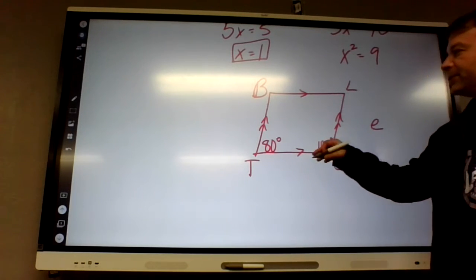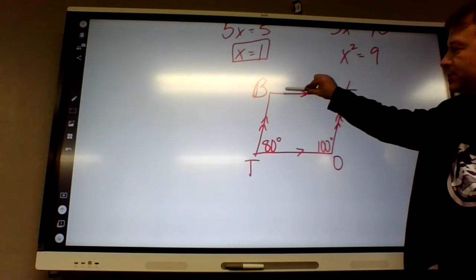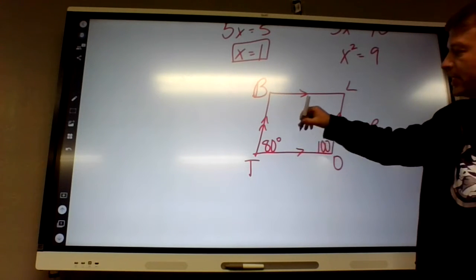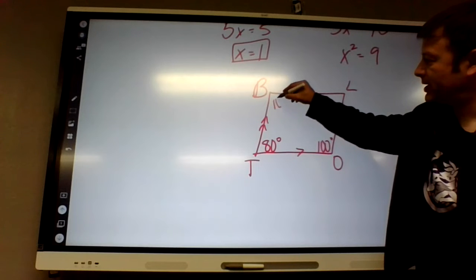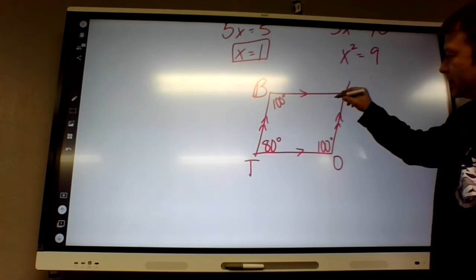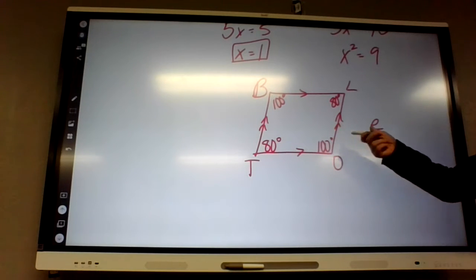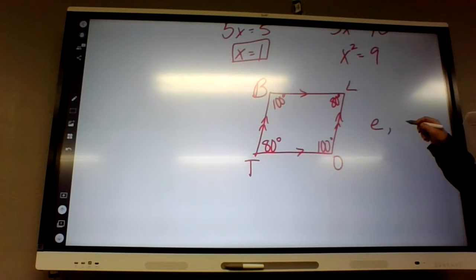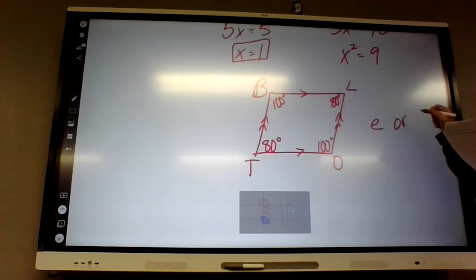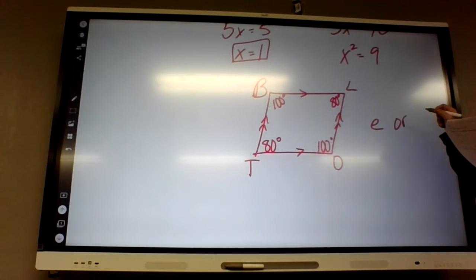There's kind of a trick on this one. Because these are parallel, I knew these two had to add up to 180, so that had to be 100, and these had to add up to 180, so it could have been 80. We also know opposite angles are congruent, so I could have used B. This could have been E or B, actually.